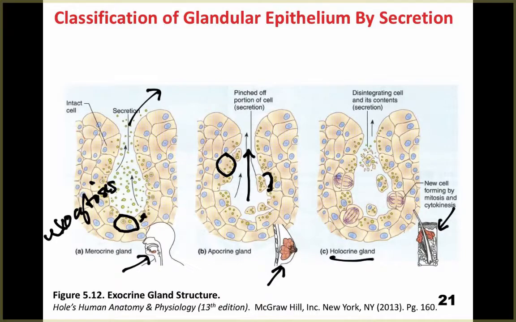This is how they believe, but there's some controversy in whether or not this works exactly this way, but you can see essentially what happens is the cell, sorry, I flipped it.